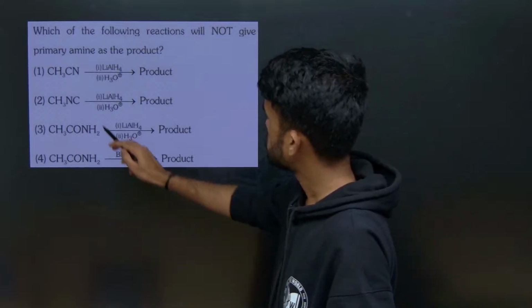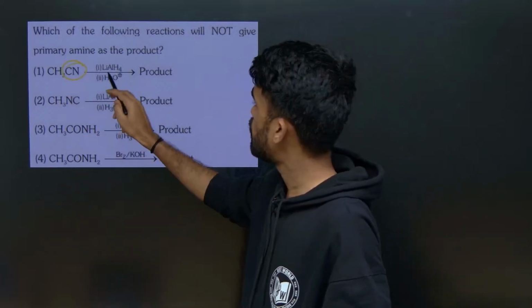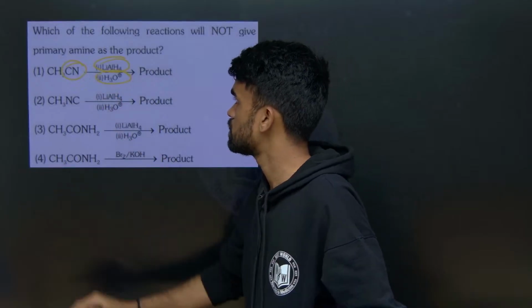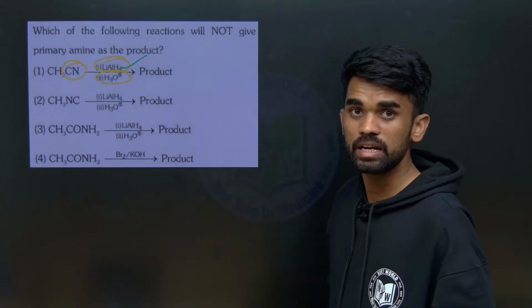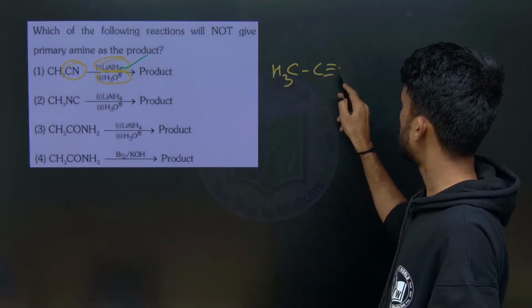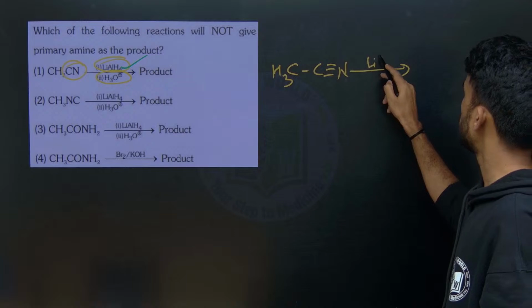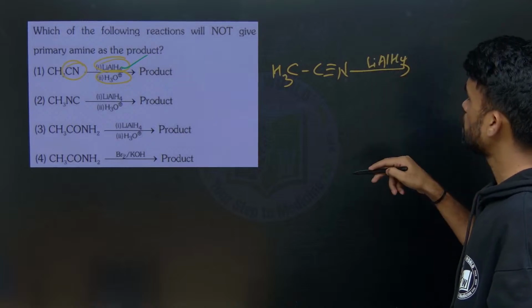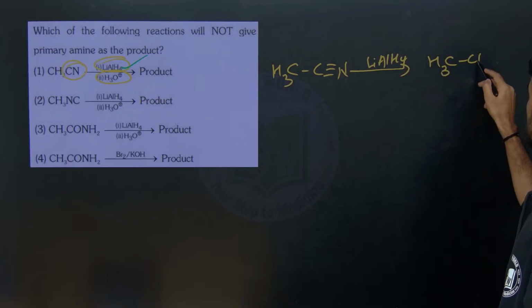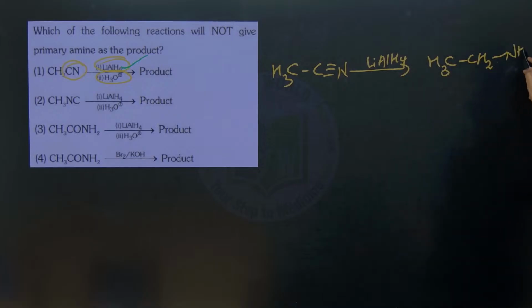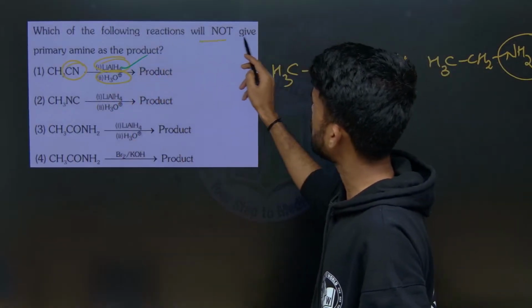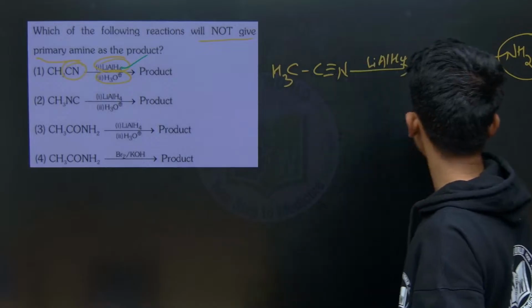Next, alkyl cyanides on treating with lithium aluminum hydride, a strong reducing agent, followed by hydrolysis. It converts the cyanide to an amine, CH2NH2. This will be the product formed. This is a primary amine, right?